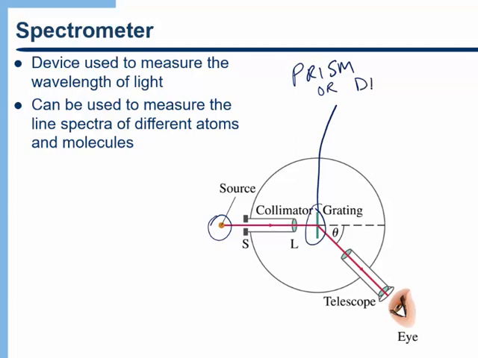But we're going to talk about a diffraction grating because that's what you would actually see in a research grade instrument. We know that what a prism will do is take white light and spread it out into its different colors. Remember, that's called dispersion. And so we could use a prism here, but instead we use a diffraction grating, and that's what we want to talk about. What is a diffraction grating?